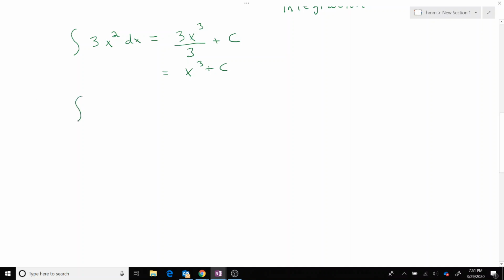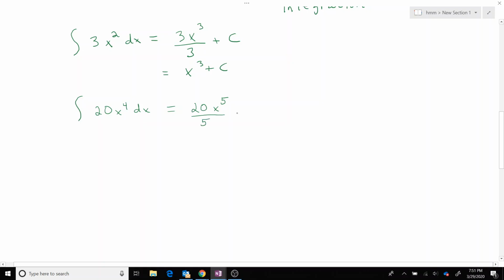So here we are. We're going to do another indefinite integration. We're going to take the antiderivative. So let's suppose the antiderivative that I'm trying to take is 20x to the fourth. All right. Step is I need to add 1 to the exponent. So I got 20x to the fifth. And I need to divide by that exponent.